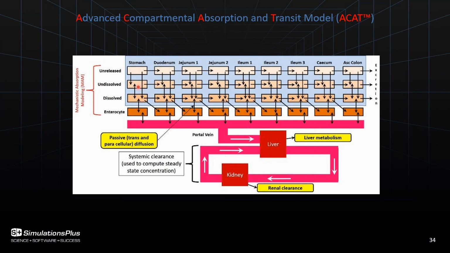The molecule can go from the undissolved to the dissolved state, and then also work its way down the GI tract. So this is a complicated system of equations that must be solved, and then going into the enterocytes of the gut wall, and then out into systemic circulation. So in our model, our PK simulations, we use these 9 compartments of the GI tract.